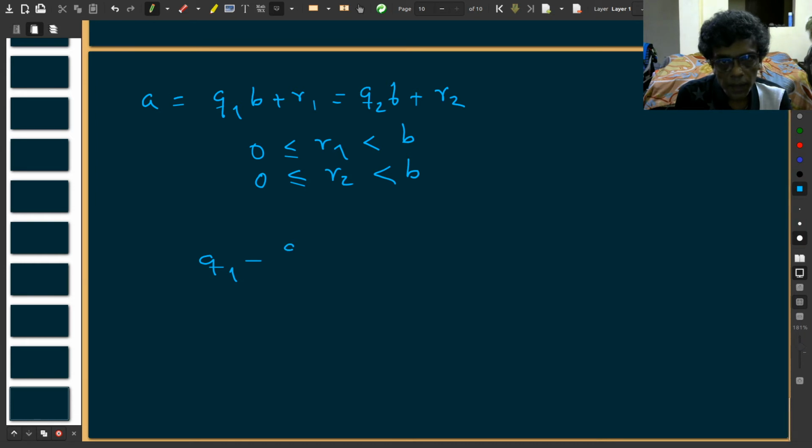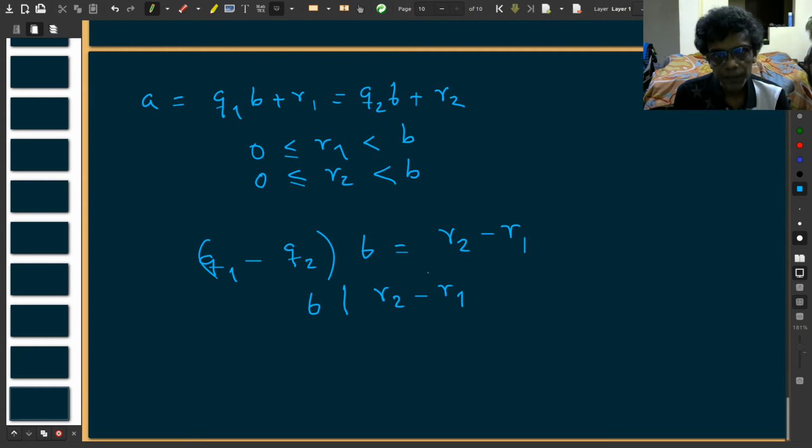Q1 minus Q2 times B equals R2 minus R1. So in particular this says that B divides R2 minus R1. But R1 itself is less than B, R2 is itself less than B and non-negative.